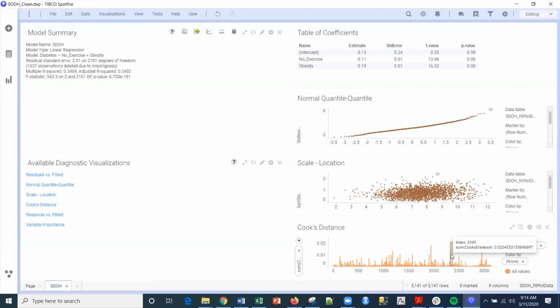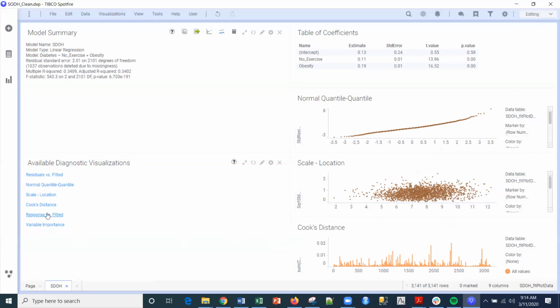So, for example, I might want to look at this particular point. I can see here it has a high Cook's distance. If I look at the panel right above it, right? So this one right here, this is the observation. I can see that it's out there as well, and it's way up here in the normal quantile range. So you can see how all of those statistics run together.